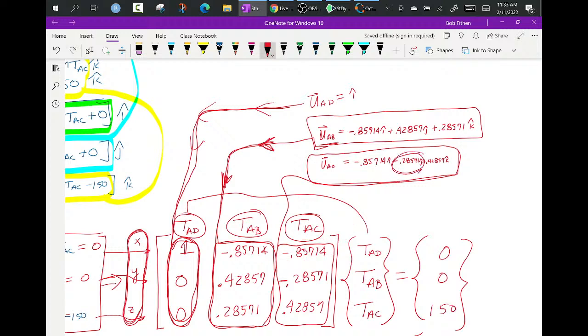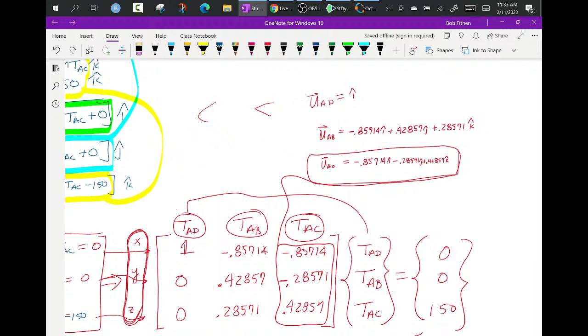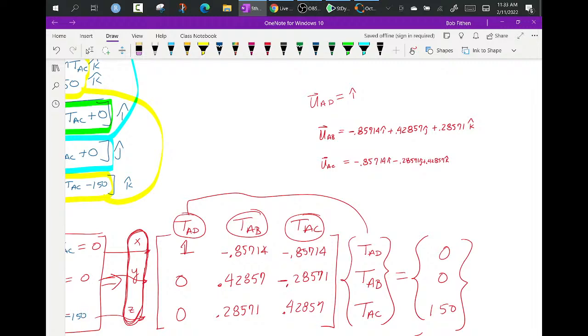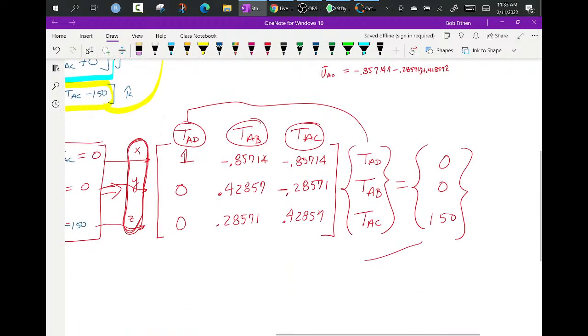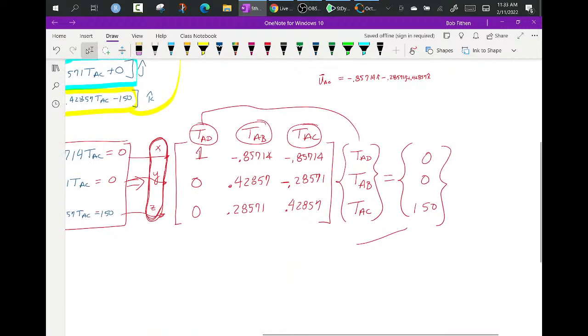The minus 0.28 sits right here. And minus or plus 0.42 sits right there. So this is a sequence which occurs every single time. Especially easy if you list the X as the first row, the Y as the second, and the Z as the third.